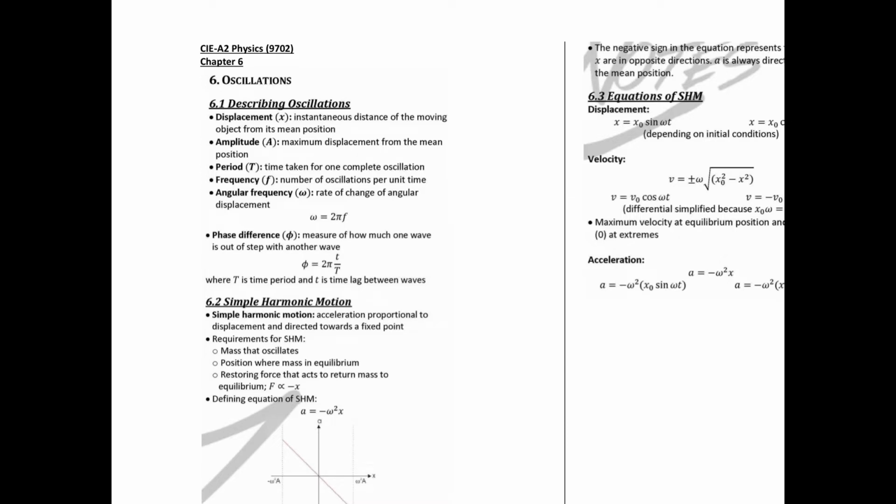Let's say if your oscillation happen in this way, follow the sine graph. So the vertical axis itself is called displacement.